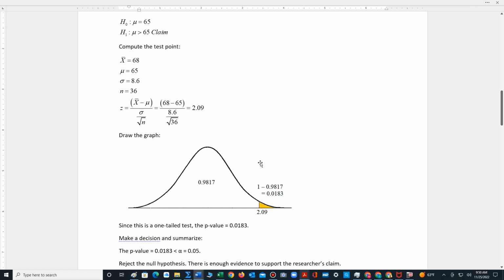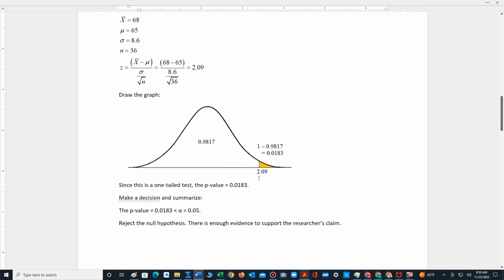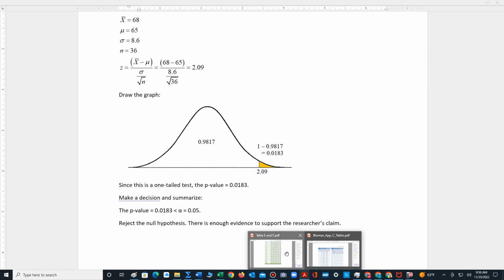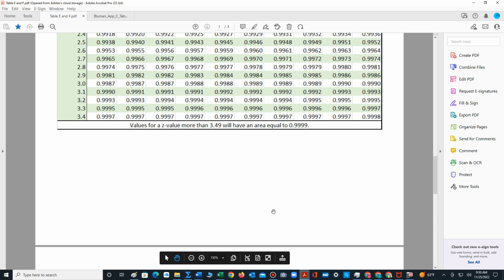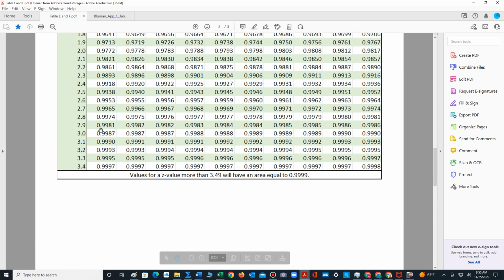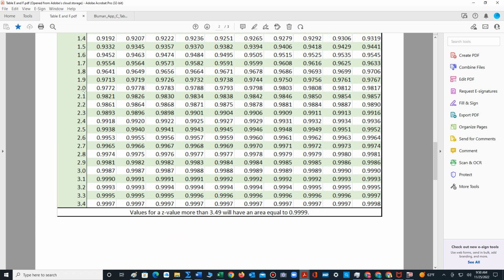We use the test point to calculate the p-value. So 2.09, we look up 2.09 in table E. Now when we look up 2.09 in table E, that always gives us the area to the left of that z value, 0.9817.